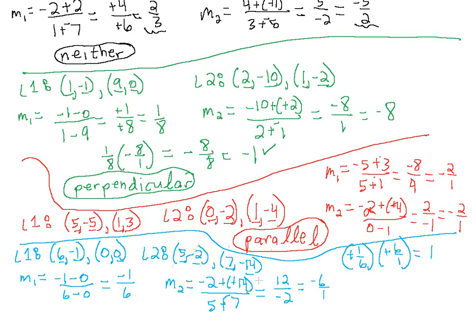Now, in order for the lines to be perpendicular, it must be a -1. And this is not a -1, it's a +1. So while they're reciprocals of one another, they both have the same signs. These two lines are clearly not equal in slope, so they're neither parallel nor perpendicular.